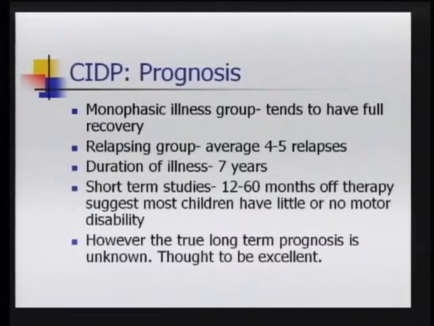And their prognosis is pretty good. If you look at short-term studies, 12 to 60 months off of therapy, most of the kids have little or no disability, although we really don't know what the long-term prognosis of this disease is. But it's said by the old-timers to be very excellent.